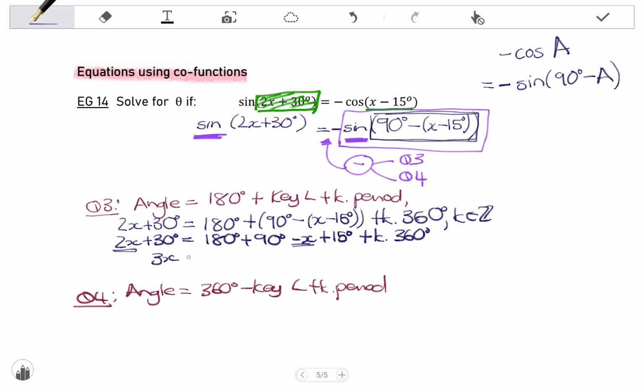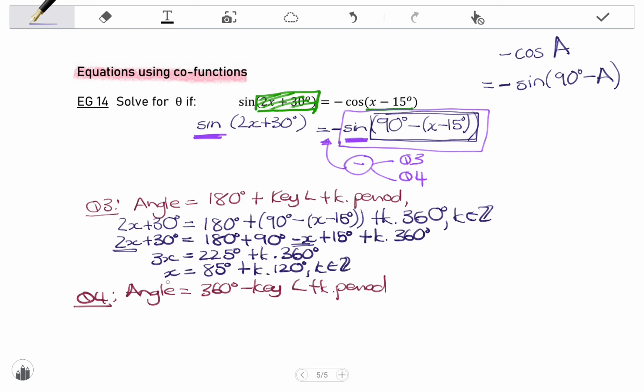So I'm left with 3x equals 180° + 90° + 15°, which gives me 255, and I'm going to subtract 30°, so it gives me 225° plus the k times 360° that I still have. I still need to solve for x, so I'm going to divide every term by 3. I'm left with x equals 225 divided by 3, which is 75, plus 360 divided by 3, which is 120°.